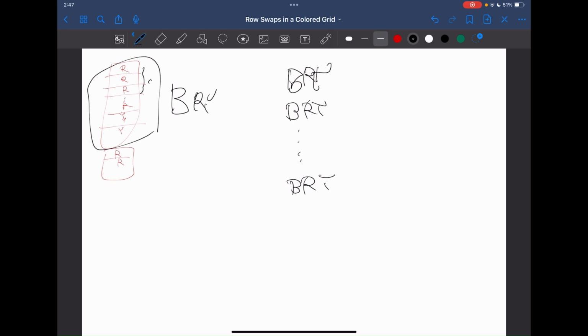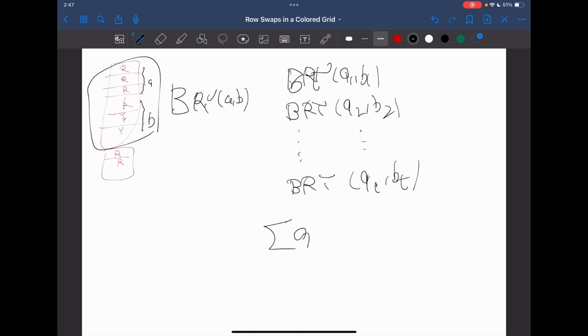And if this is A and this is B, then this is block RY, A and B. So here I have A1, B1, I have A2, B2, and I have, let's say, AT, BT. And the sum of Ai plus the sum of Bi is the sum of all the numbers that I have, n minus k, let's say.